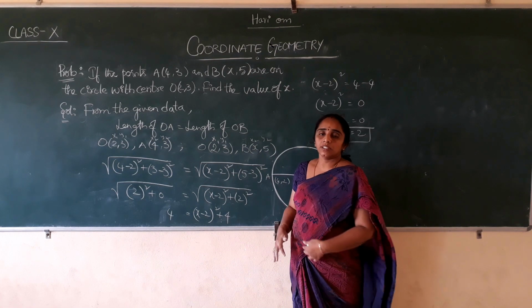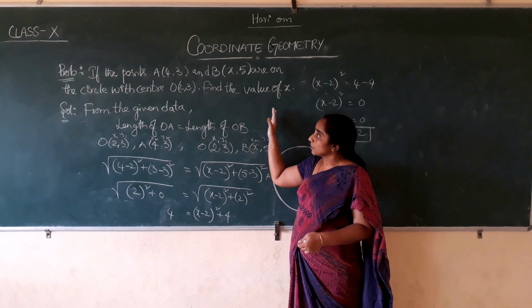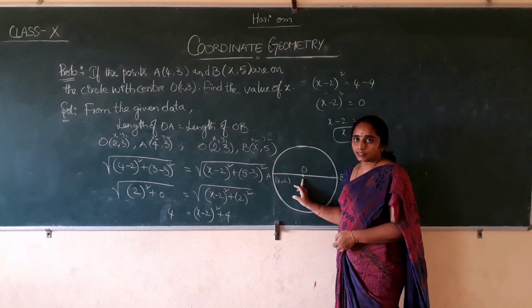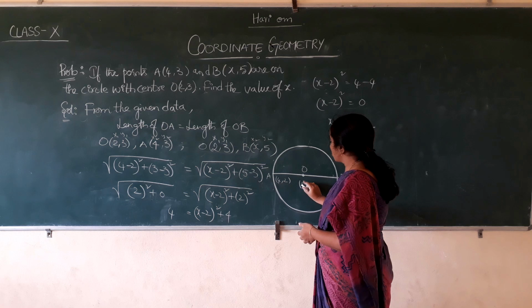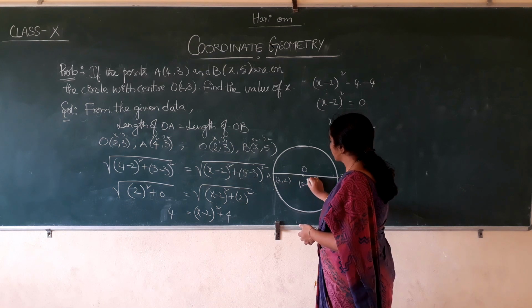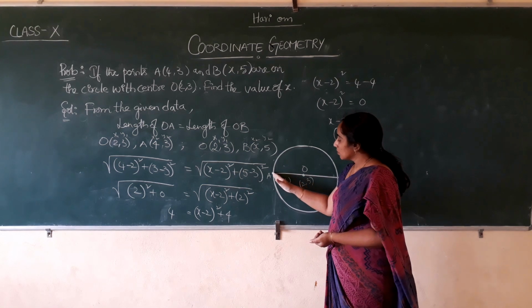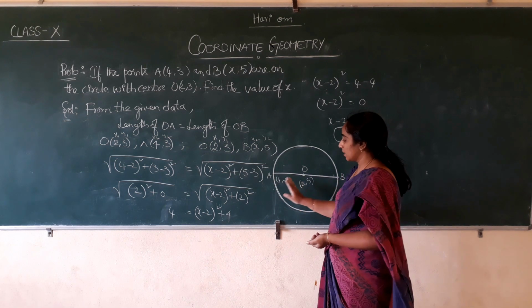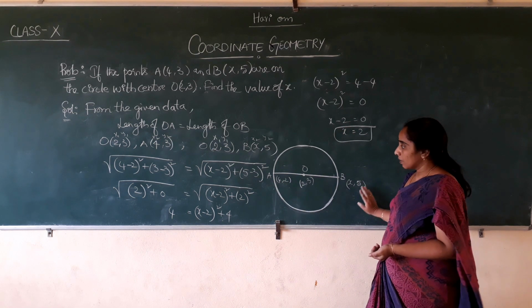Under this topic only, we have one more model. In a circle, the center is given, it is (2, 3), and the two ends of the diameter are given as (4, 3) and (x, 5).